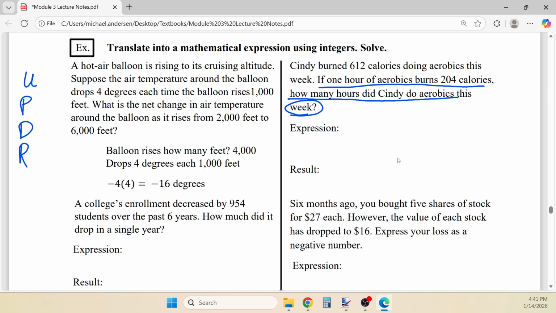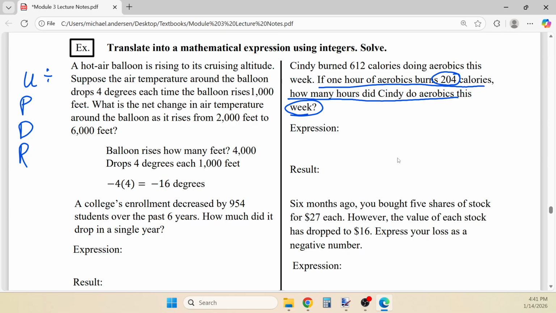So we're going to be given a total number of calories, and we're going to put it into groups of 204 to figure out how many hours there are. Each hour burns 204 calories. So if we group all the calories together into groups of 204, that's counting how many hours we have. Each group is 1 hour. Okay, so we understand the problem.